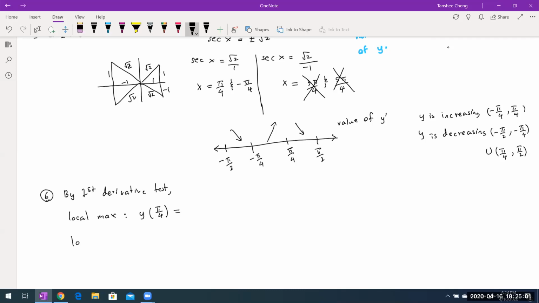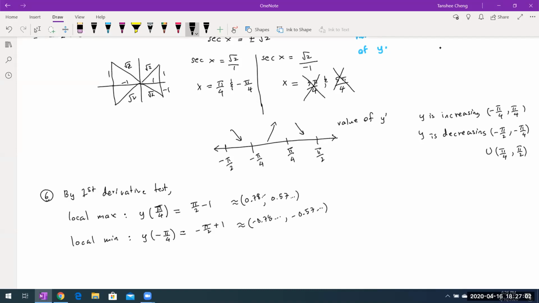And we will have a local minimum. This time we have both local max and local min, right? Right here from decreasing to increasing, so at negative pi over 4. So let's find out these two values before we move on and continue to the next.